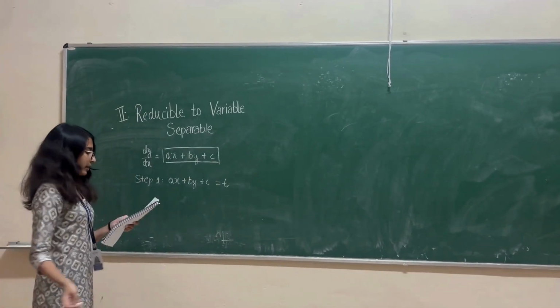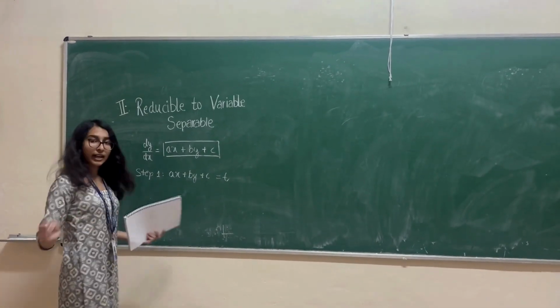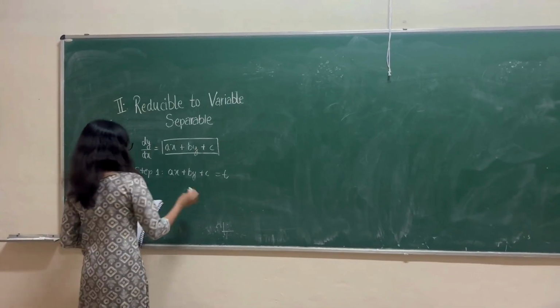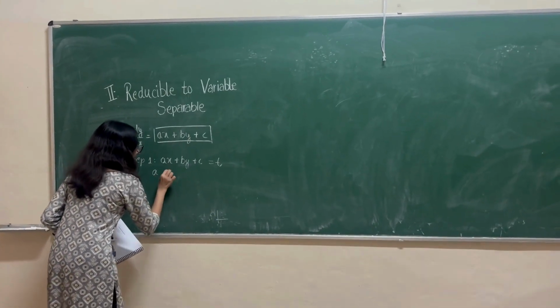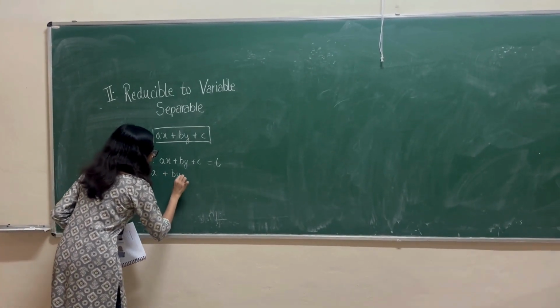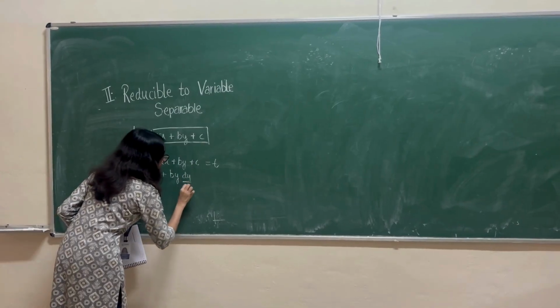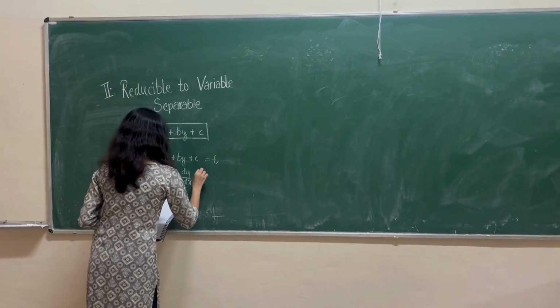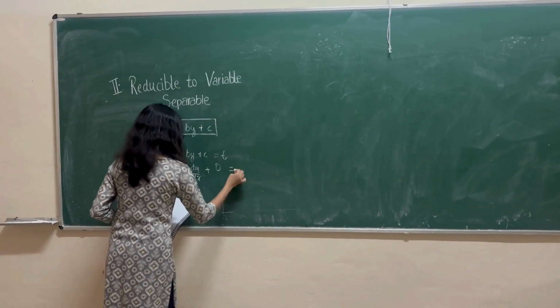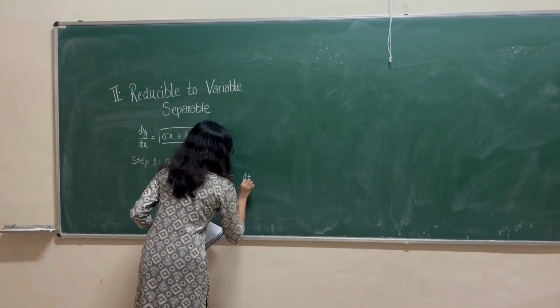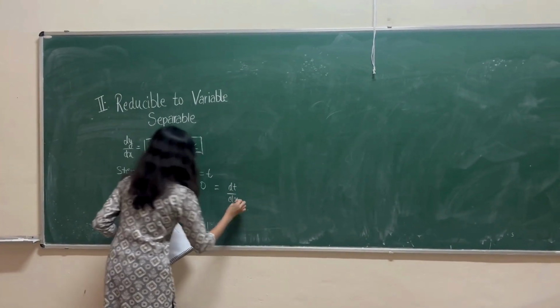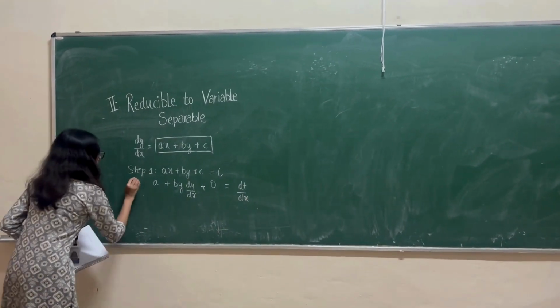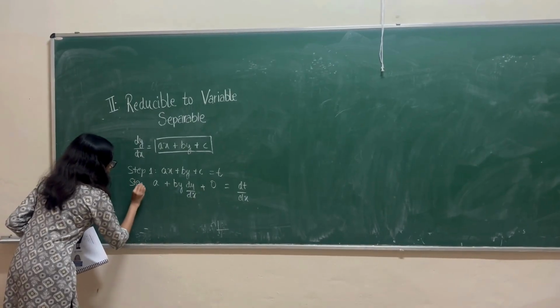For this, we differentiate this entire equation with respect to x. So we are left with a plus b dy by dx plus 0 is equal to dt by dx. So this is our step 2.